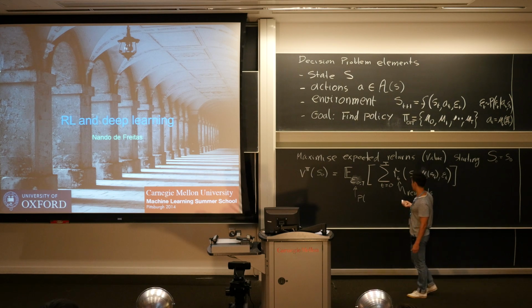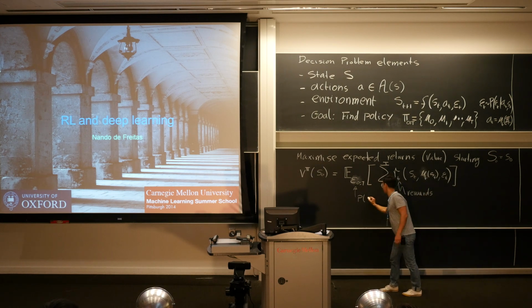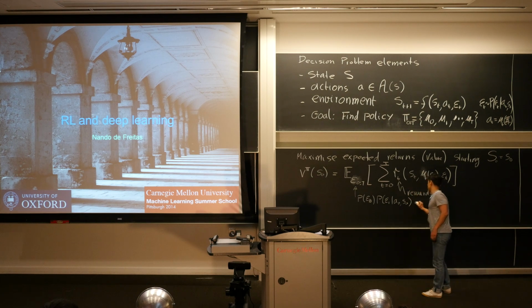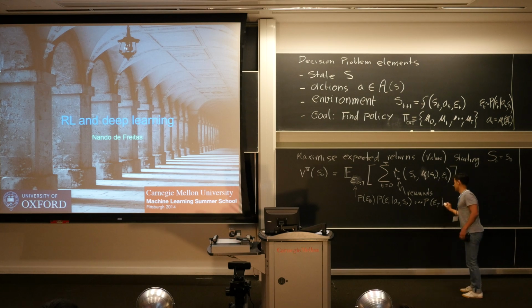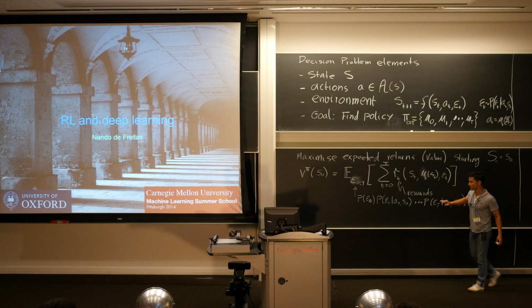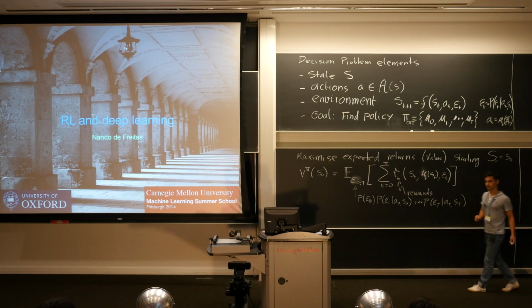In particular, it's over P of E naught or P of E1 given A naught and S naught, dot dot dot, P of ET given AT and ST. Okay, so the expectation is over every noise variable in the system.